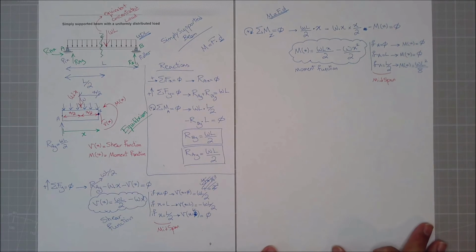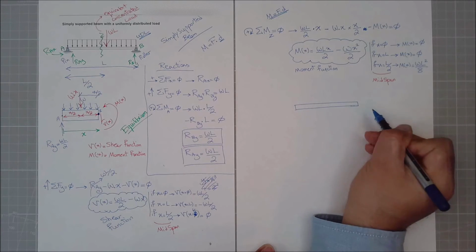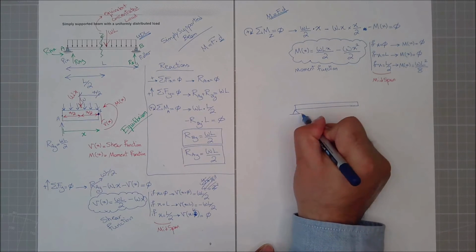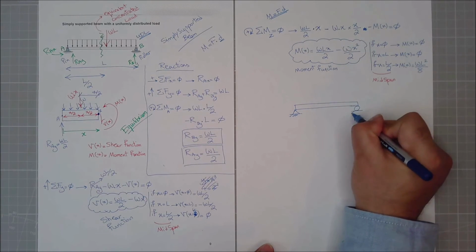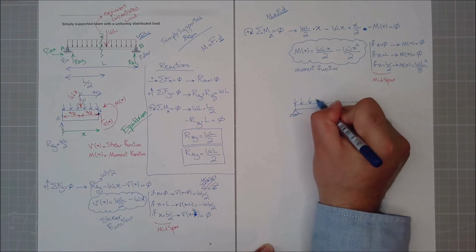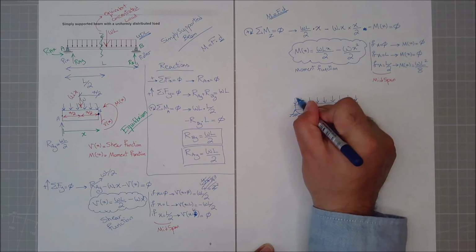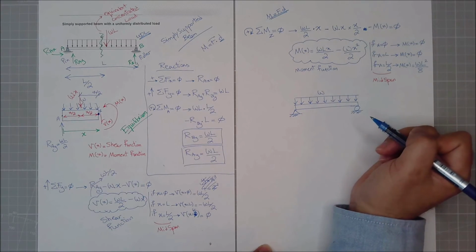Let's bring the beam out again. So I have this beam, length of L. I have the pin here and the roller here. I have a distributed load on top of it. This can be, for example, the wind distributed on top of a roof, W.